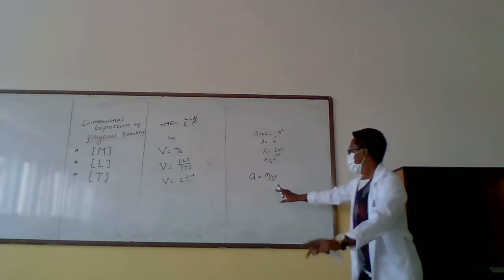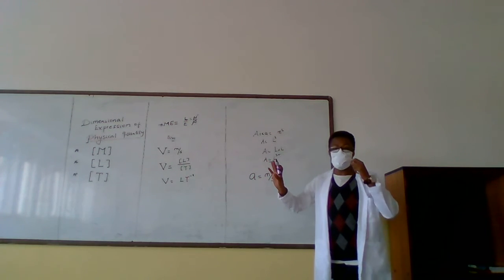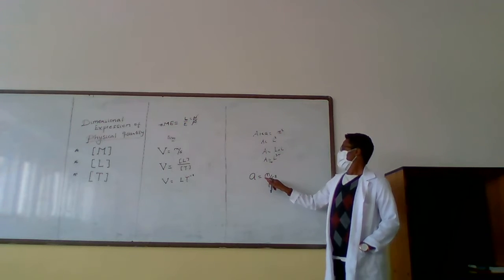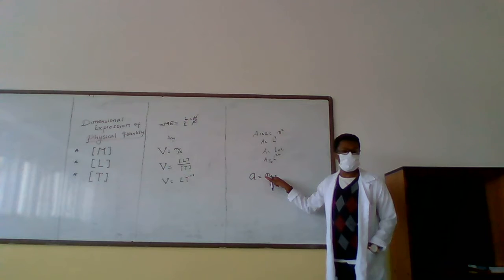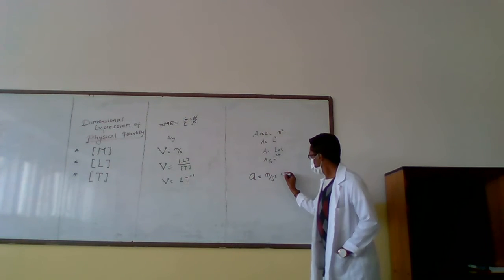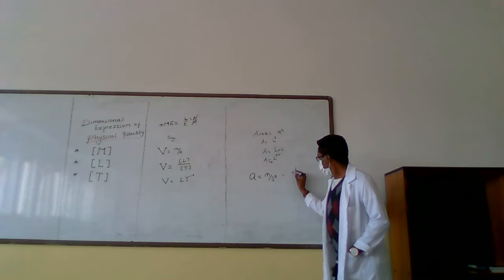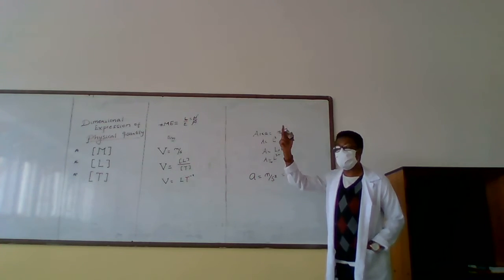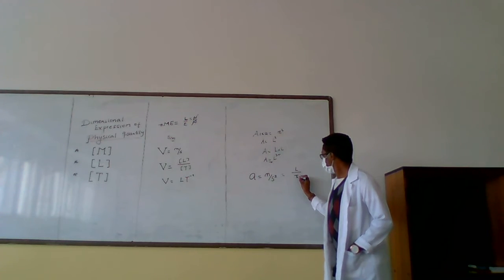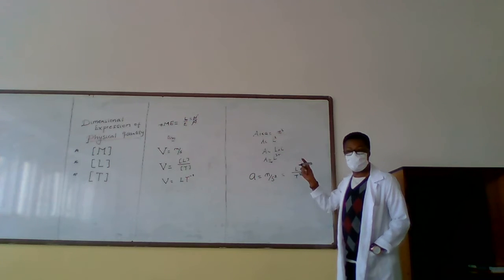Okay, so now, what's the dimension of m? M is meter, so the dimension is length, capital L. Over the dimension of second, which is T. Simple one.